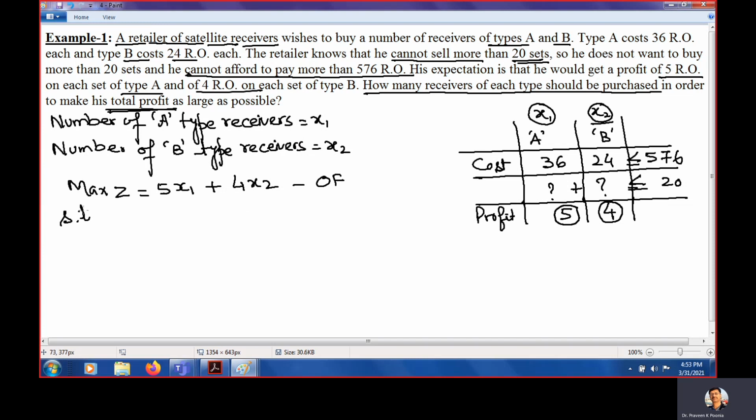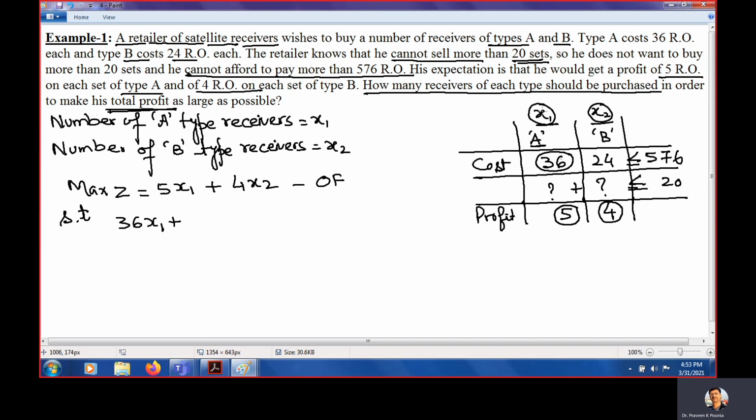Now subject to, what is the subject? Now the constraints. 36x1. Why? Because the cost of one A type of receiver is 36. How many receivers? X1.